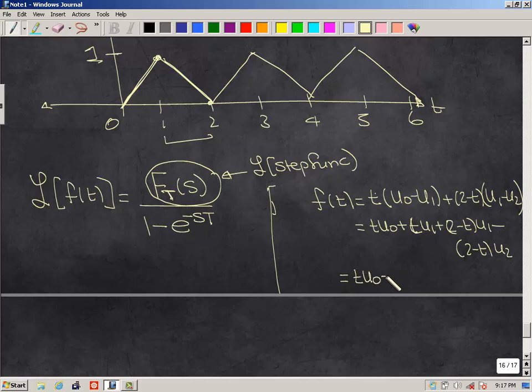T of u naught plus u1. This is u1. This is u1. So if you add them, the t's will cancel. So you'll just get negative t. Okay. So that's what you'll end up with. Is that right? Let's see. Make sure I can do that correctly.